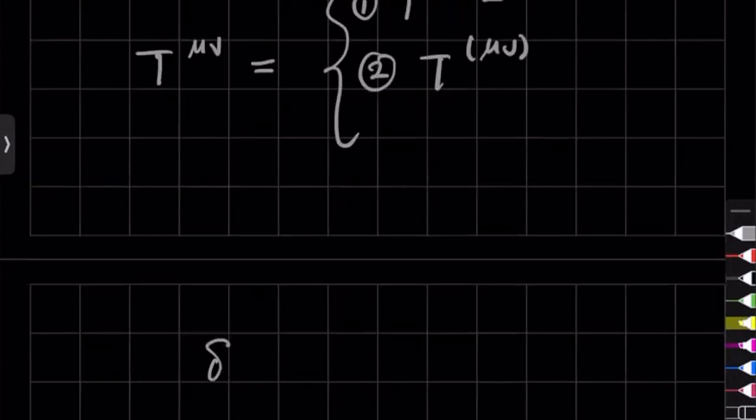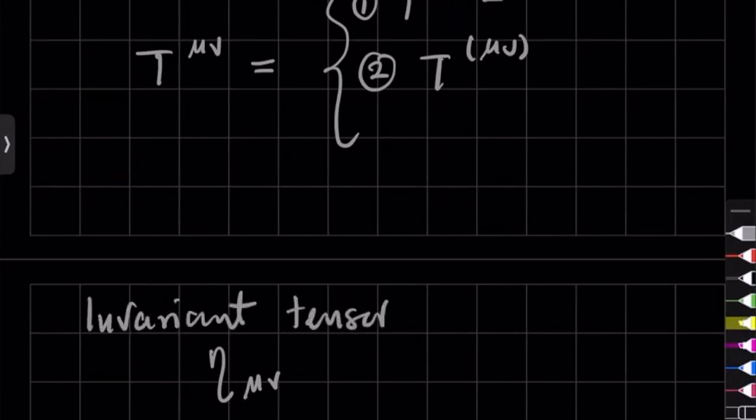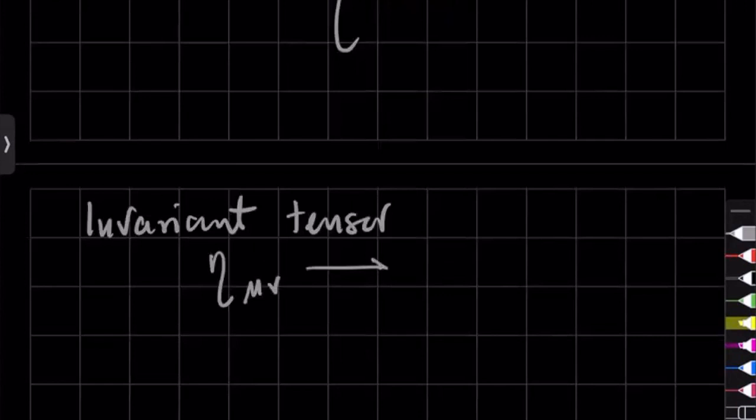Eta mu nu is a rank 2 tensor, okay? But it's a special rank 2 tensor. It's what is known as an invariant tensor. Because under a Lorentz transformation, like any generic tensor, this will go to this.